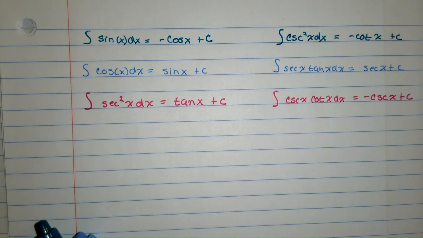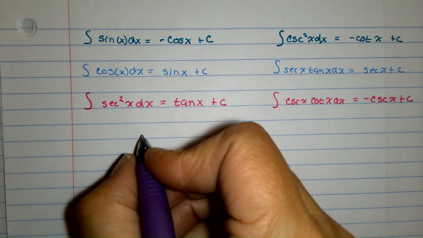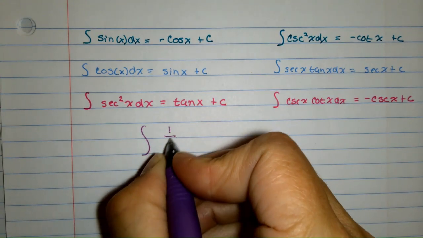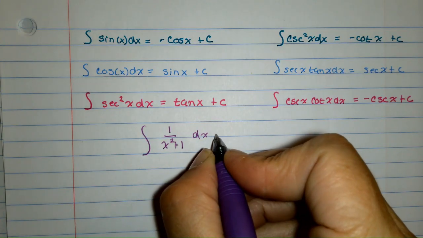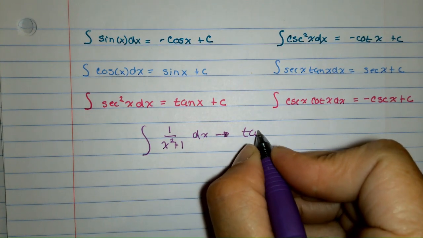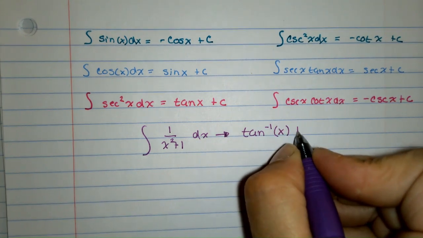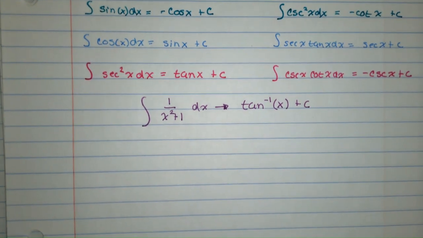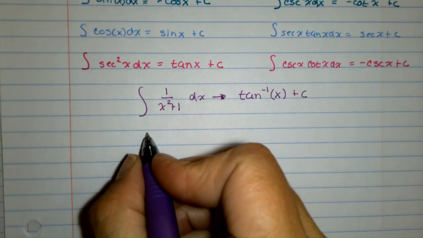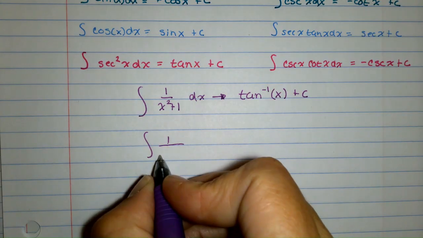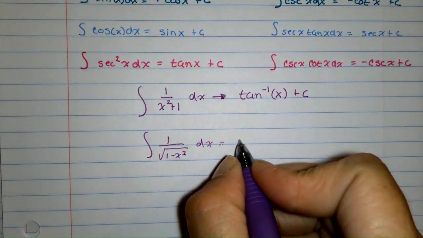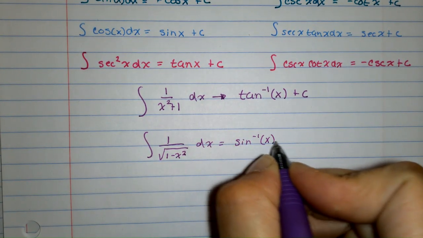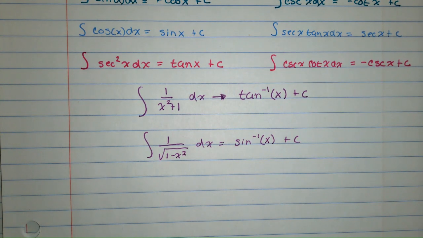A couple of them that you can't, and you have to be really careful with, is the integral of 1 over x squared plus 1 dx, and that goes back to arctangent, and the integral of 1 over the square root of 1 minus x squared, so arcsine and arctangent.